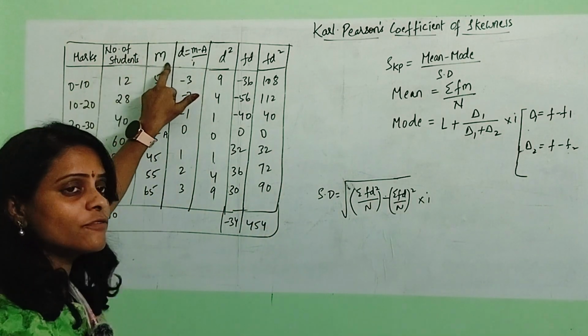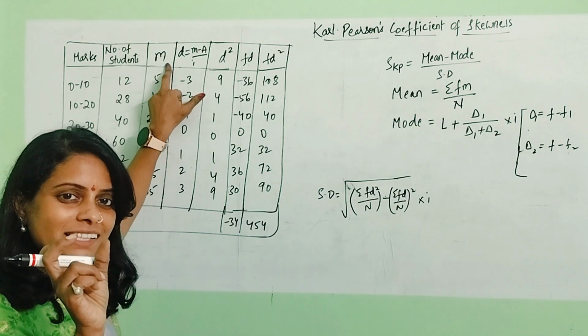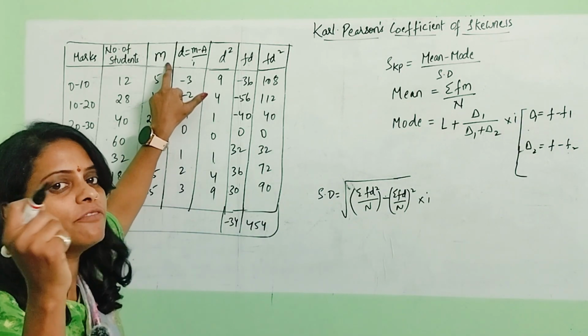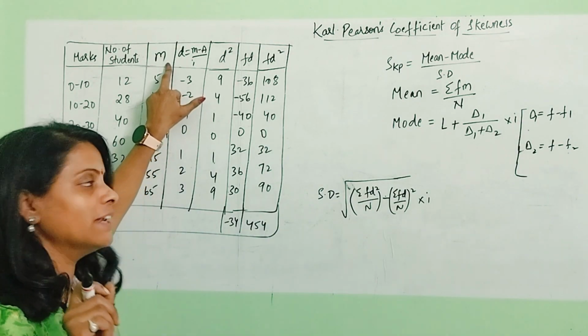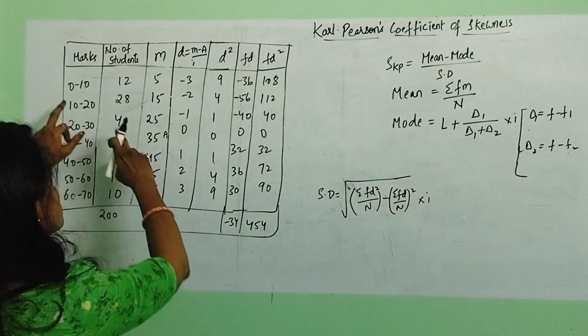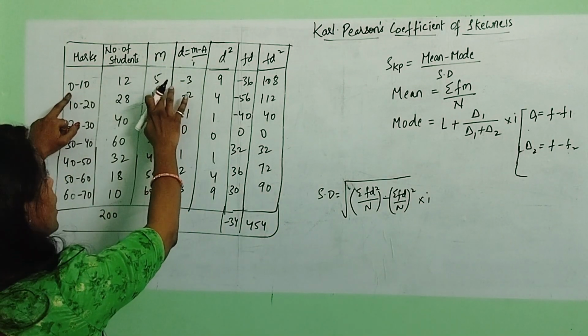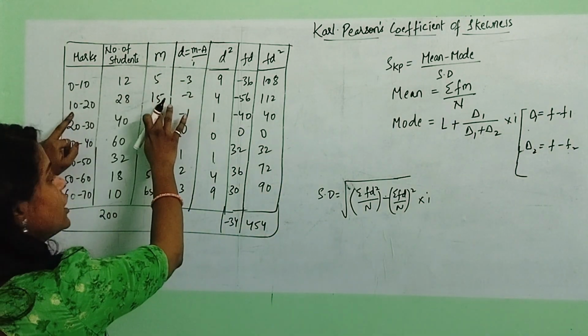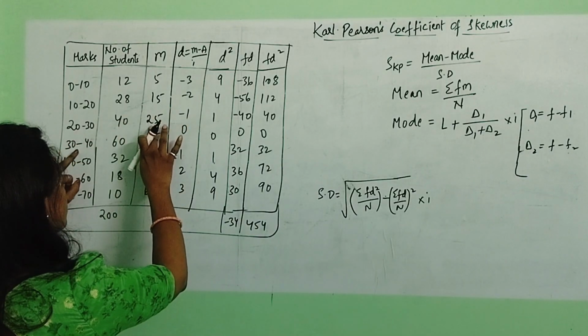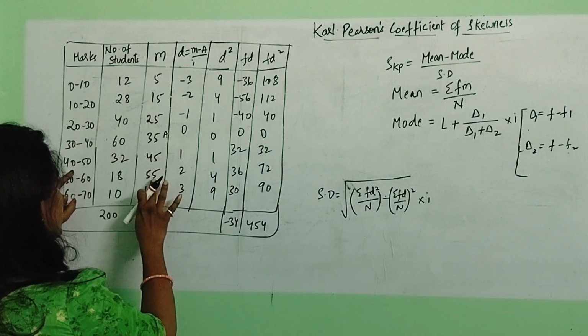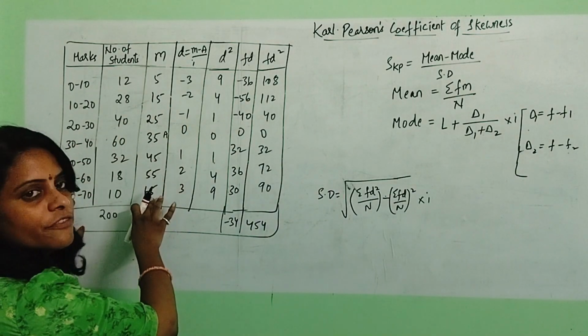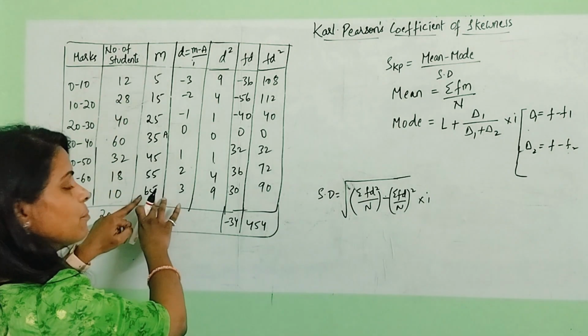Every time, remember the class interval. When class interval is given, we compulsorily need to find the mid value. So 0 to 10 gives 5, then 10 to 20 gives 15, 20 to 30 gives 25, next 35, 45, 55 and 65. These are the mid values.